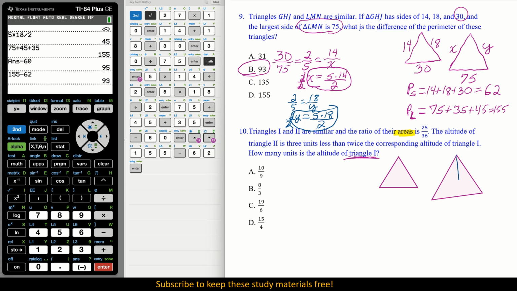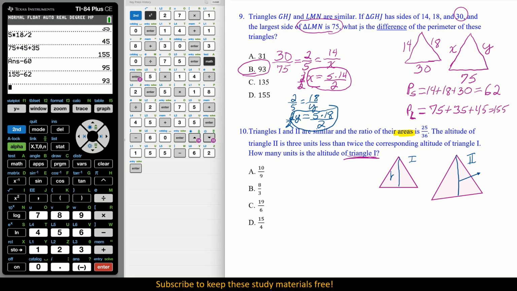So what we want is this altitude, and this is number 2. The second one is larger, and this is number 1. We're going to call this H, but this altitude, what did it say? It said the altitude of triangle 2 is 3 units less than twice the corresponding altitude of 1.